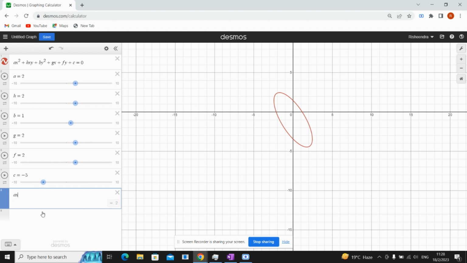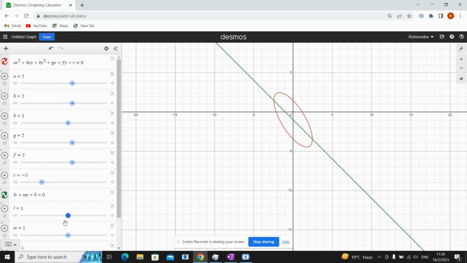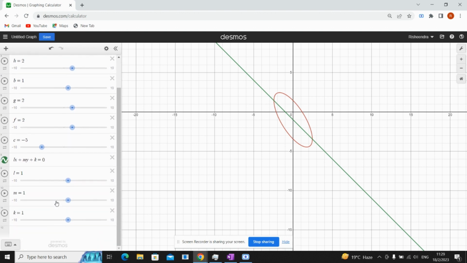I'm also generalizing it, using some new variables: lx plus my plus k equals 0. This is the line.